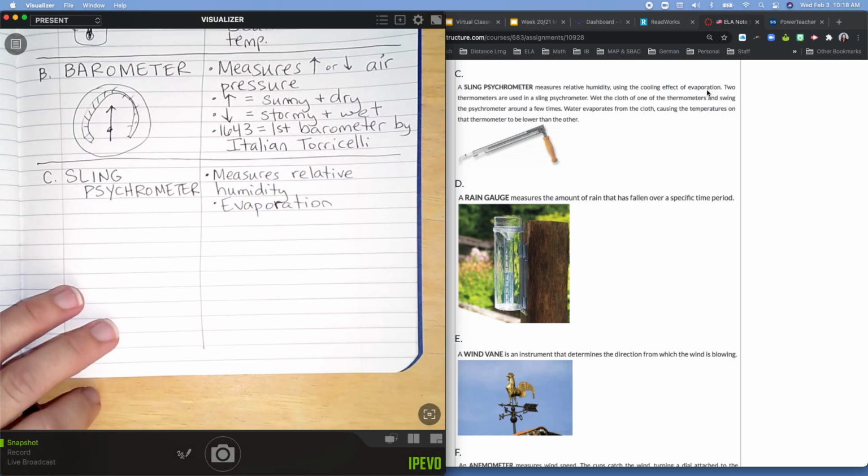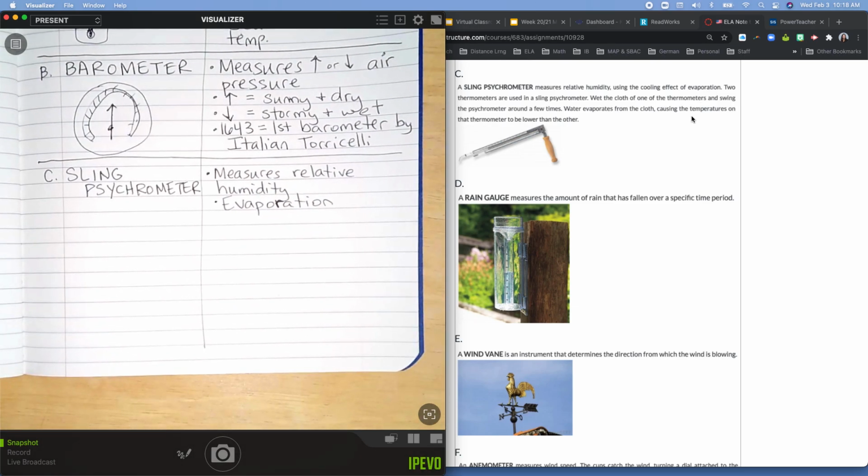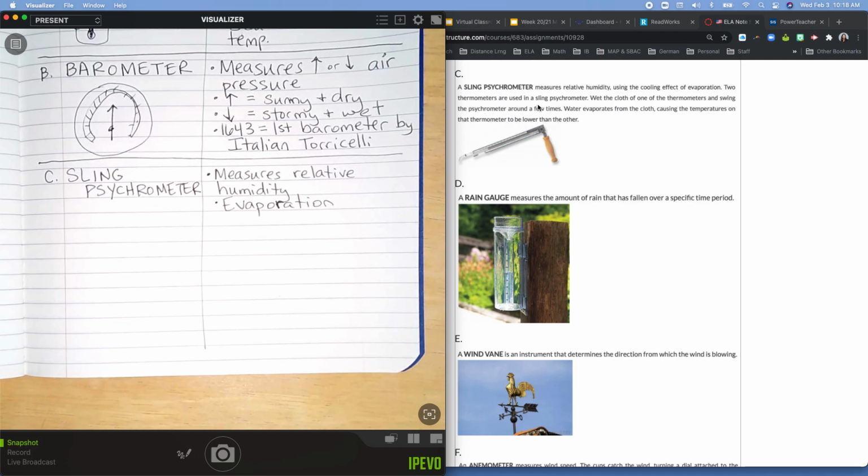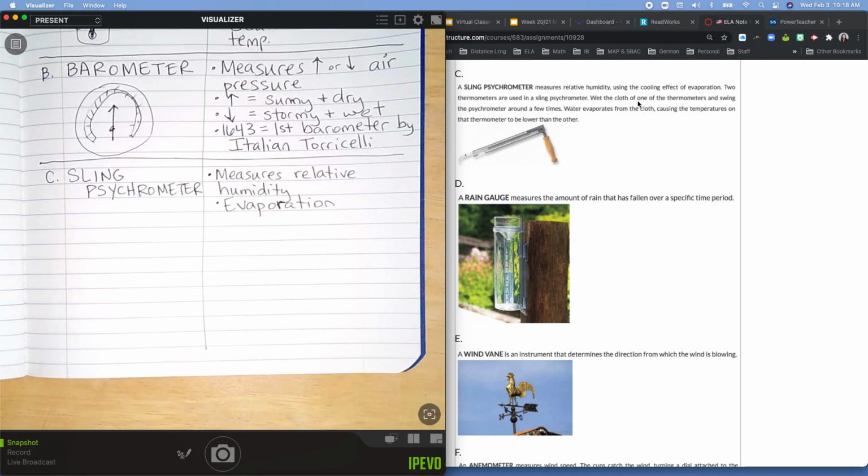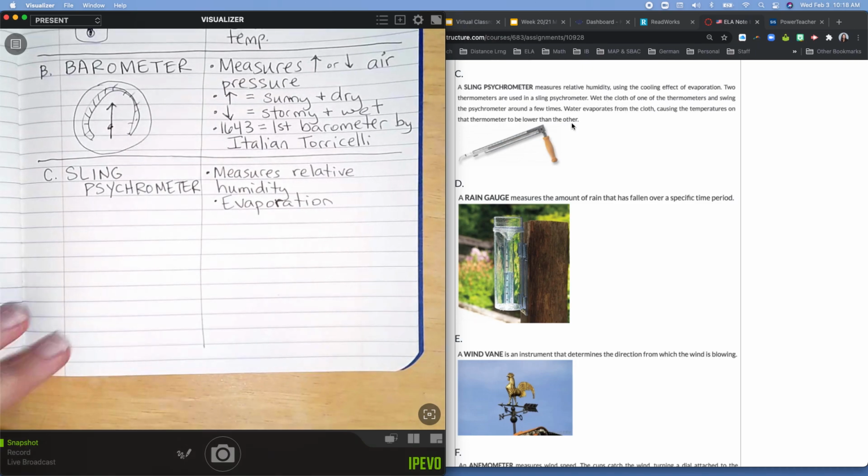All right. 2 thermometers are used in a Sling Cyclometer. Wet the cloth of one of the thermometers and swing the cyclometer around a few times. Water evaporates from the cloth, causing the temperatures on that thermometer to be lower than the other.